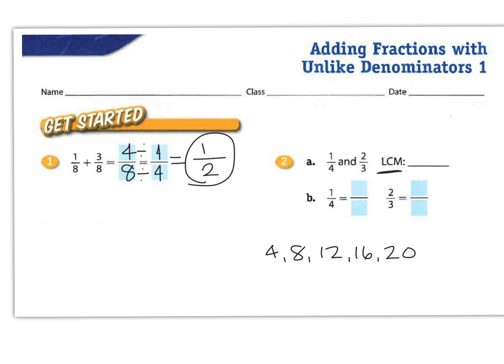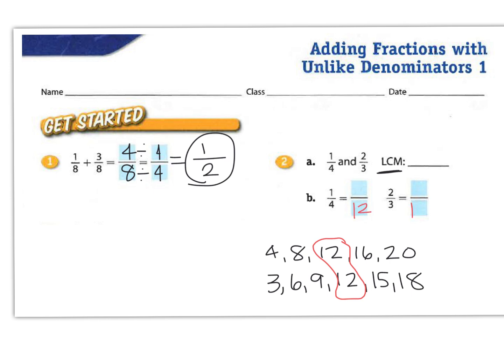I'll see if that's enough. And then I'll go by 3s. 3, 6, 9, 12, 15, 18. Oh, and I can see that 12 is the least common multiple that they have, or the multiple that is the lowest that they have in common.